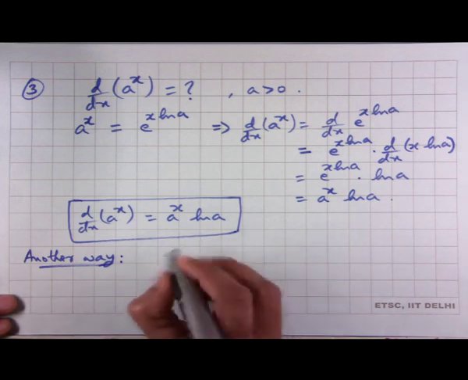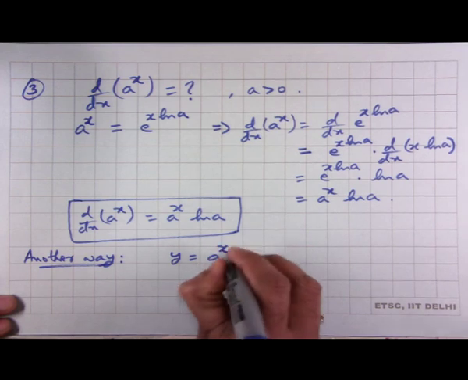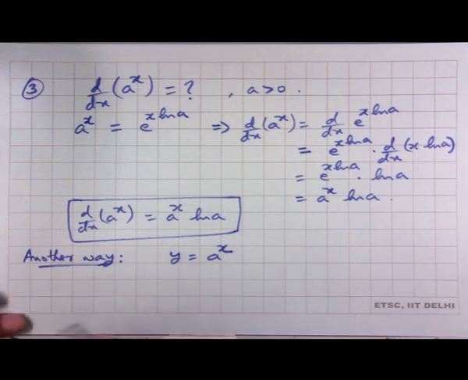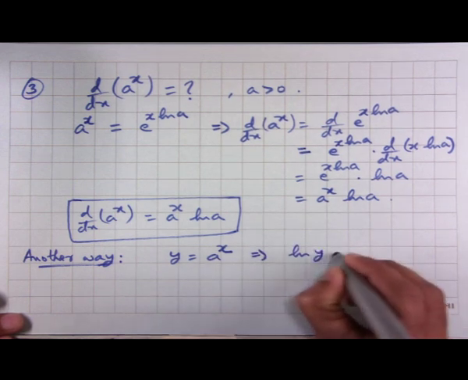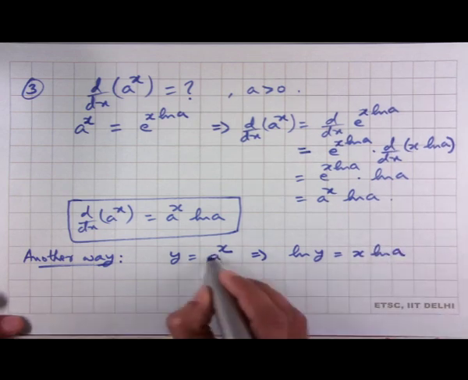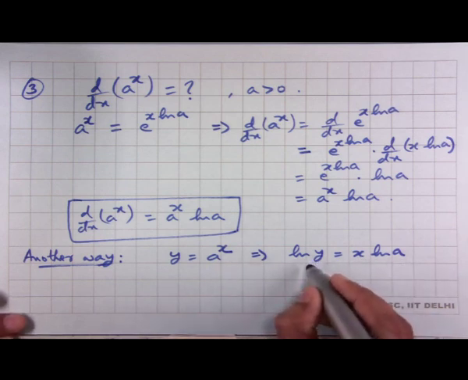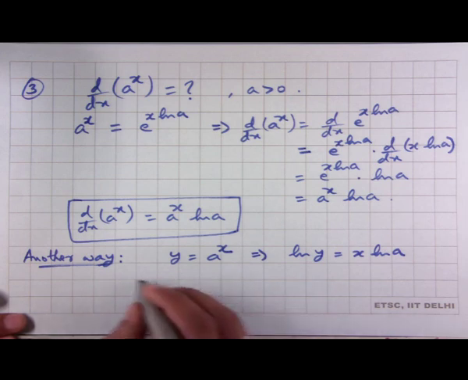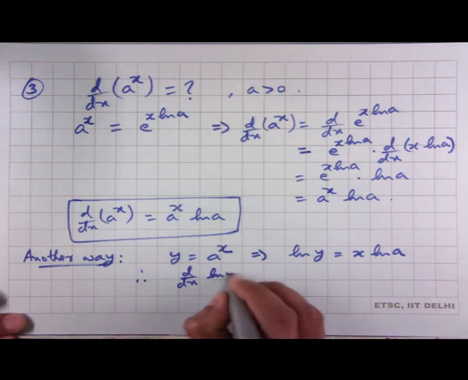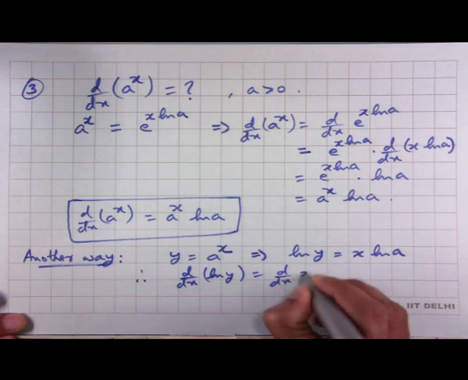What you do is that you write y is equal to a to the x. Now, take natural log both sides. This implies ln of y is equal to x times ln of a. This is because ln of a to the x we know is x times ln a, and now differentiate this with respect to x. Therefore, d by dx of ln y is equal to d by dx of x ln a.